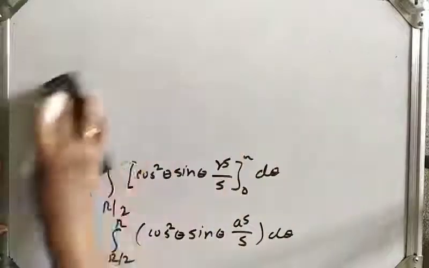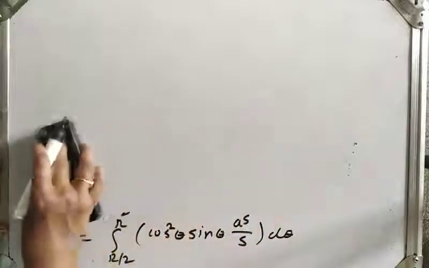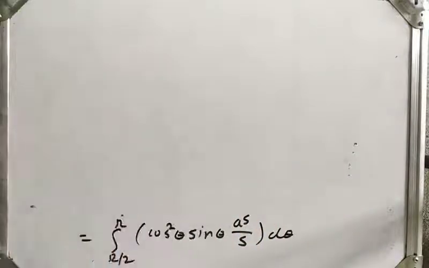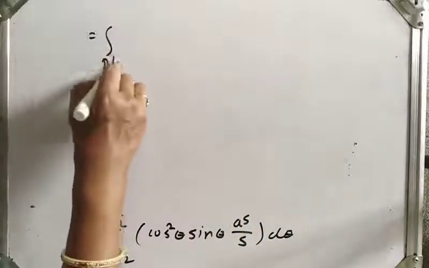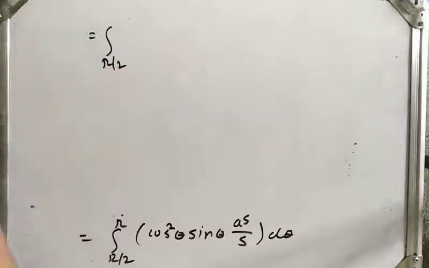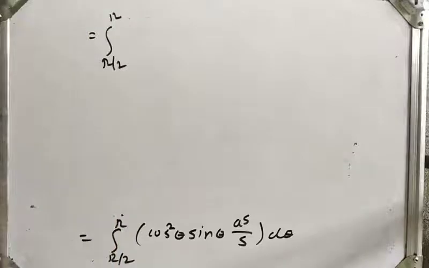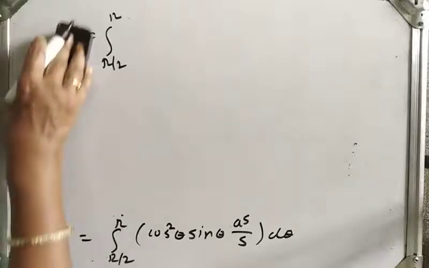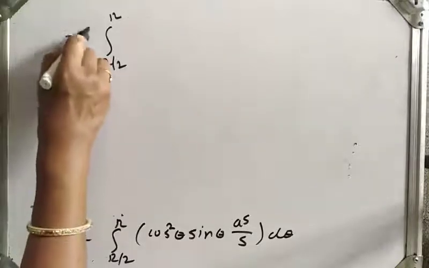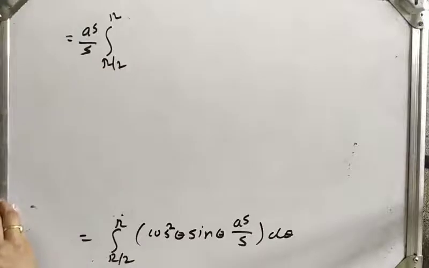Now let us integrate with respect to theta. So the integral from pi by 2 to pi. We can take a raised to 5 by 5 common because it is constant.